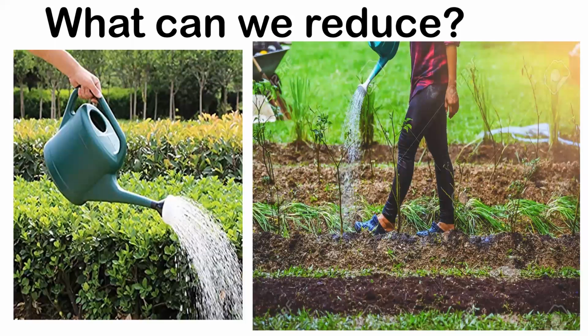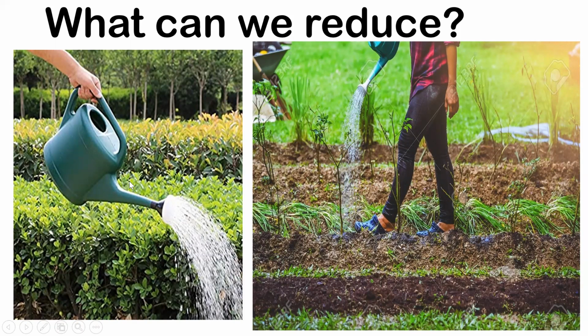Another one would be instead of using a watering hose, we can use a, what's this? A watering can. There you go. Let's say it again: watering can.